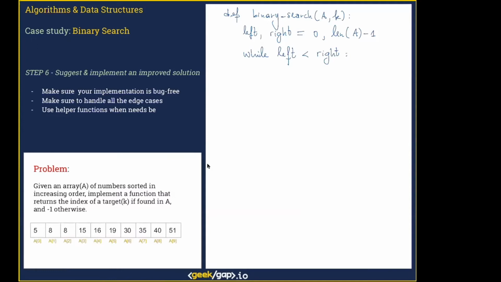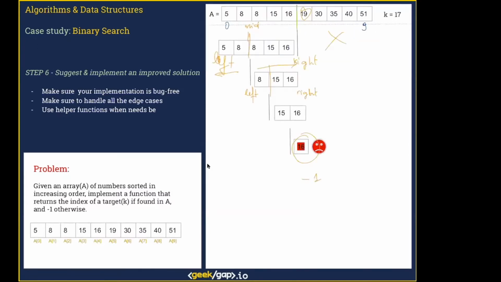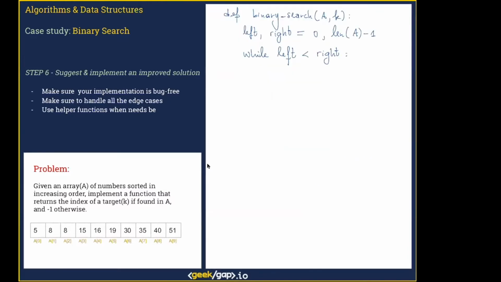Because at some point your left is going to cross, because as you progress, left is moving this direction and right is moving like this. So at some point, left is gonna cross right. If we don't find the item, left is gonna cross right and become bigger than right. And that's the time when you know that you have not found what you're looking for.